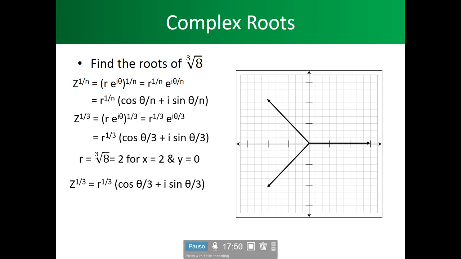If it's root of 6 or 10 or 20, those are how many roots it has. We need to try to find them out. And if anything, we can circle around by adding 2 pi, or what we call 360 degrees.